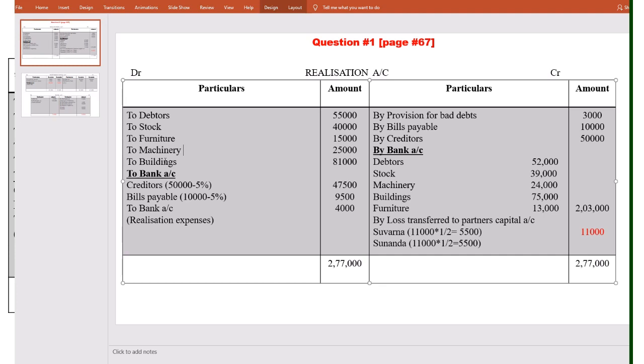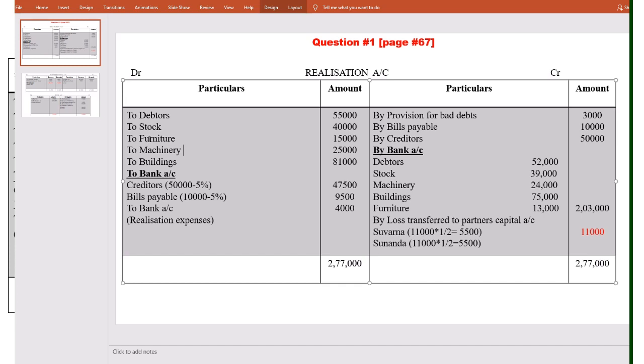The first item under the assets is cash at bank. Except cash at bank and PDD, all the remaining assets should be taken to the realization account on the debit side. This is the first thing you have to do, except the cash or bank balance and PDD or PBD if it is given.